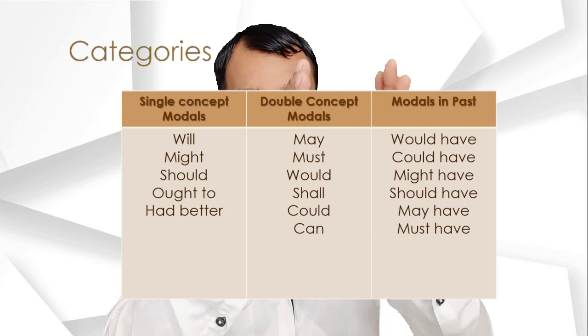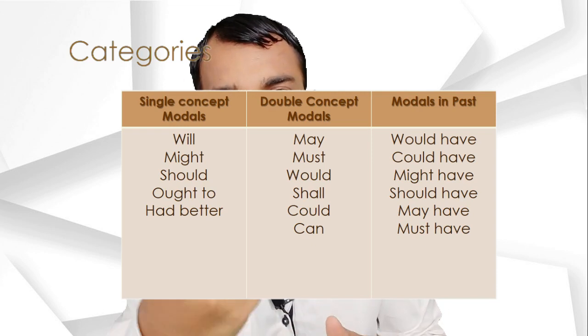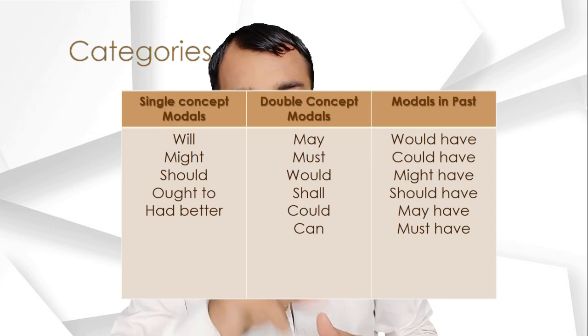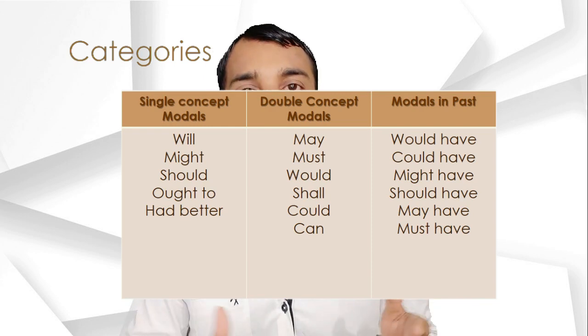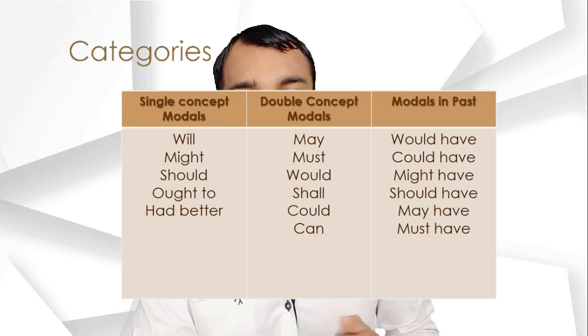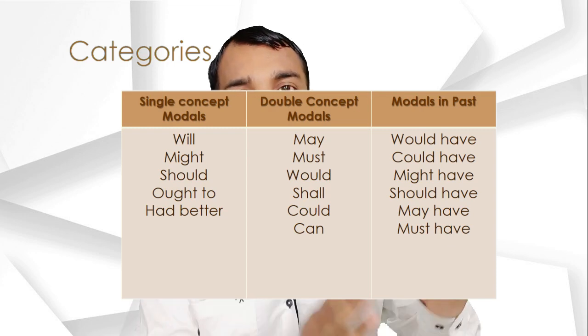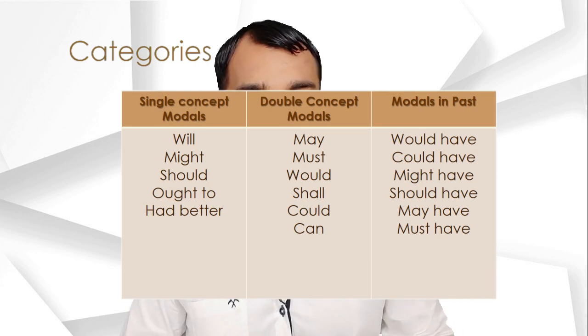These are the double concept, meaning they will have 2 meanings. Then the models in past: would have, could have, might have, should have, may have, must have. These are all used in past situations. That also I will tell one by one.